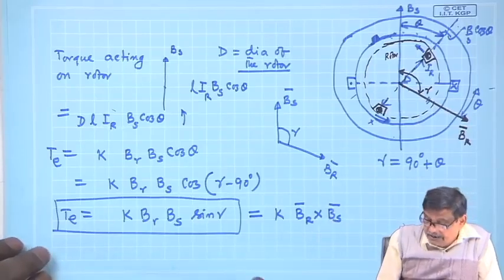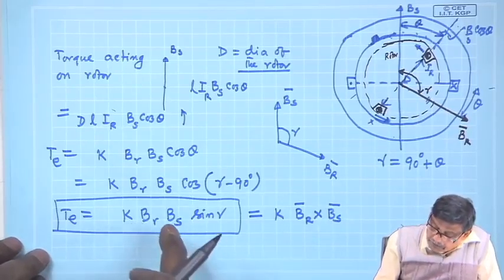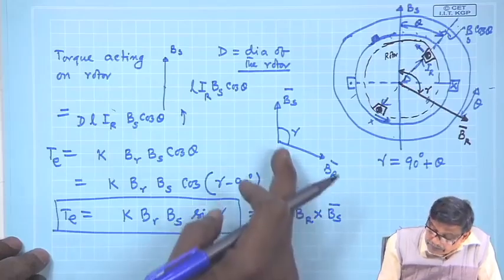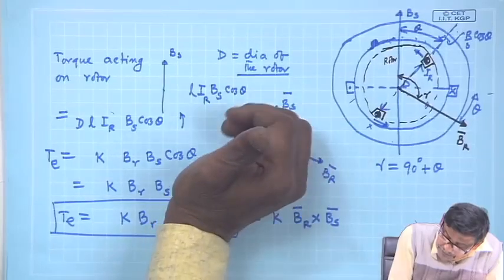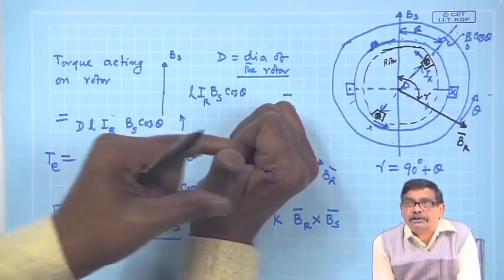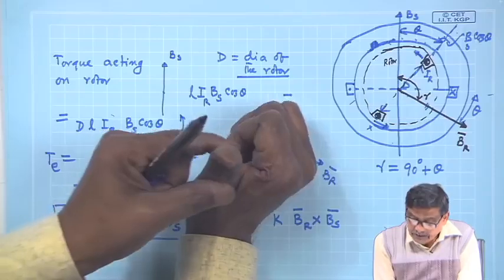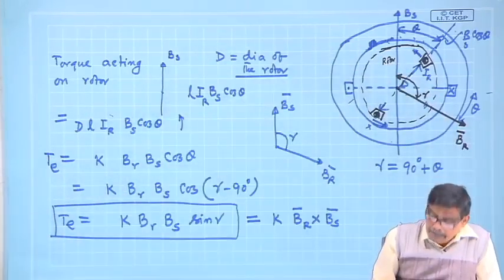A cross B is the magnitude of A, the magnitude of B, and the sine of the angle between BR and BS. And this also gives you, if you multiply BR and BS, the thumb gives you the direction of the torque. Direction of the torque means anti-clockwise.